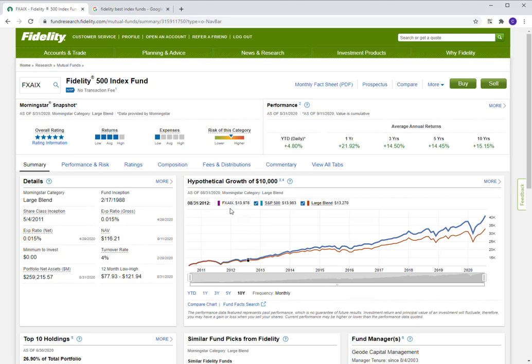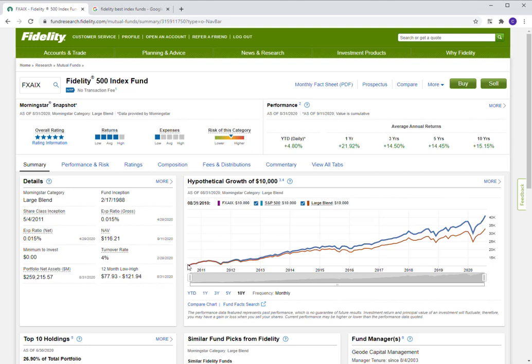So what this is basically, it matches the fund that you're researching against the index that it's mirroring. So in this case, it's the S&P 500, versus a more general stock blend that you would compare it to. You can run your mouse along anywhere here on the line to see what you would have made at a particular time frame, and this goes all the way back to the fund's inception.